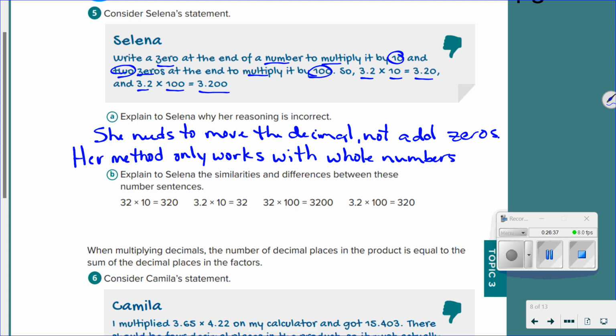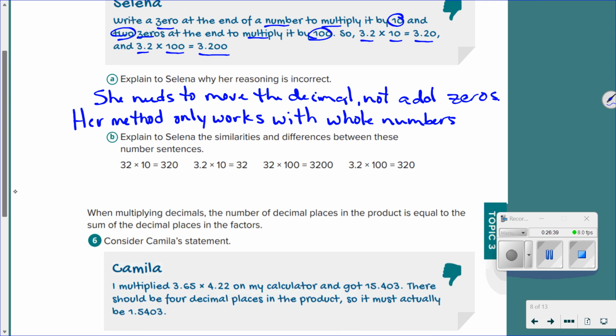Okay, explain the similarities and differences between these number sentences. So we have 32 times 10 is 320, 3.2 times 10 is 32. 32 times 100 is 3200, 3.2 times 100 is 320. So what similarities, what differences do you see there? I think, Richard.